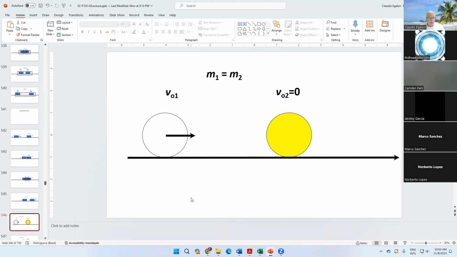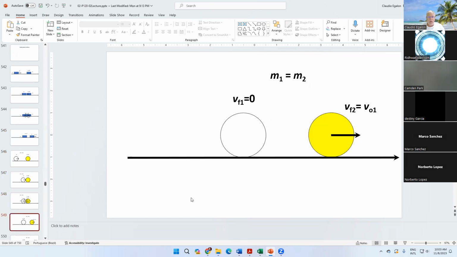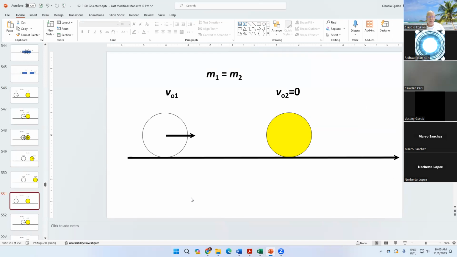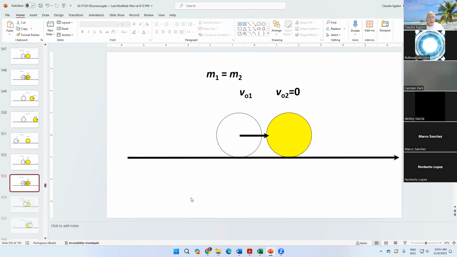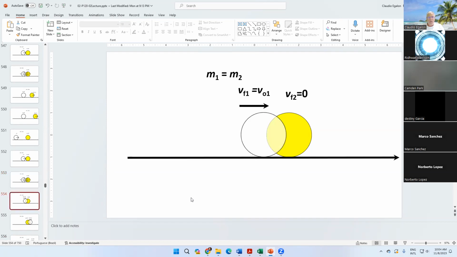It's just like your pool table, right? Your balls on the pool table. V01, they undergo a collision, and the final velocity of 2 becomes v01. That's the first solution. The second solution, you know what the second solution means? The first mass undergoes a collision with the second mass, and soon after the collision, it starts to go through the second mass as though it is a ghost, right?